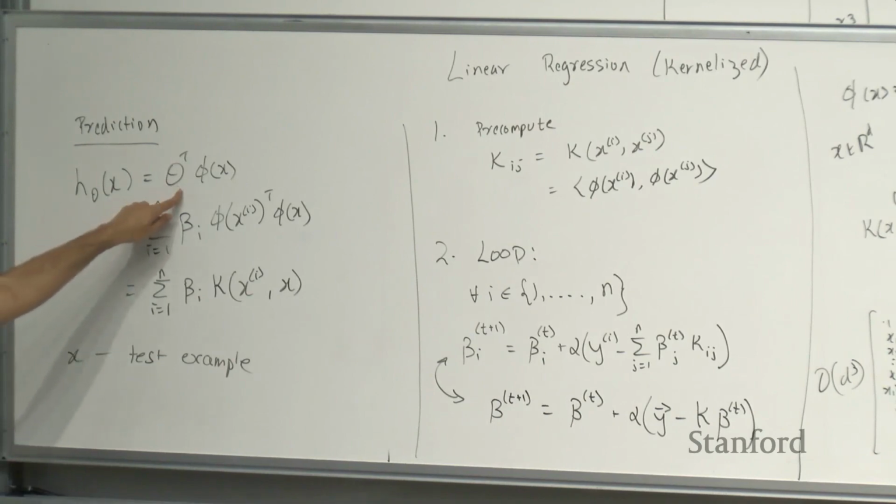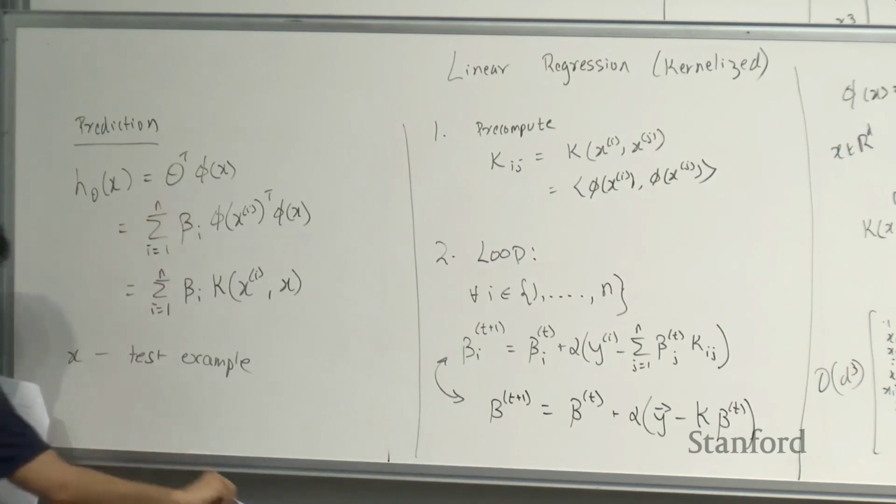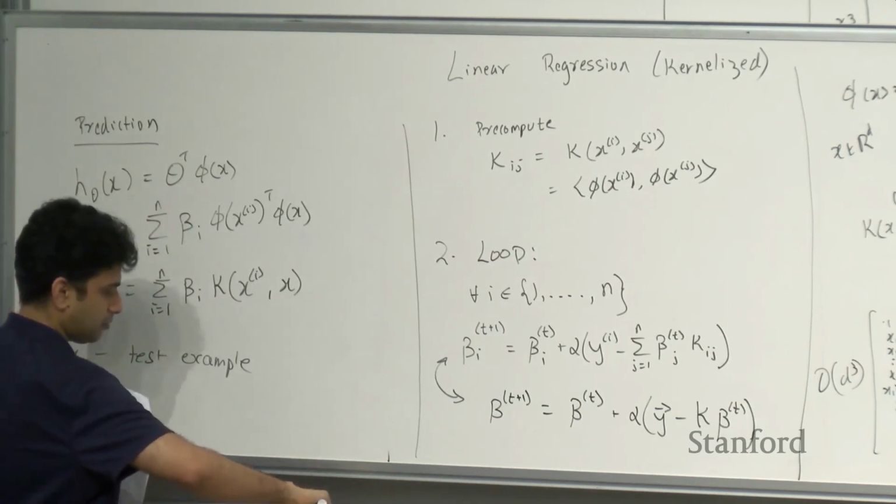In the case of linear regression without feature maps or kernels, we would have ended up with some high dimensional theta vector, and this could potentially be infinite dimensional. That's why we use our coefficient format to rewrite theta.